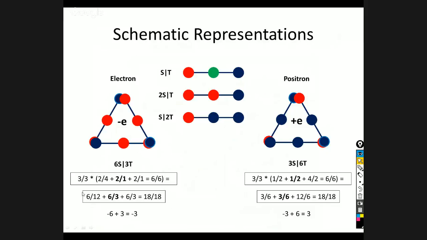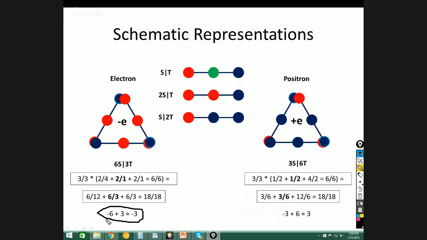So that gives us this formula here, and that is equal to a -6 and a +3, which is equal to a -3. And so this has a -3 charge, which exactly matches or complements, we should say, the proton's charge of +3 based on the same mathematics, the same reasoning, see?